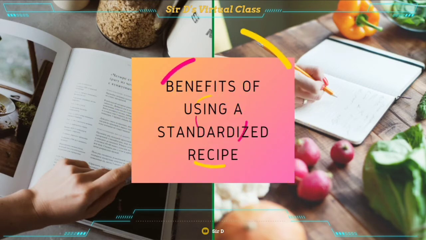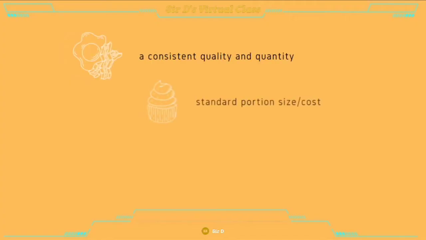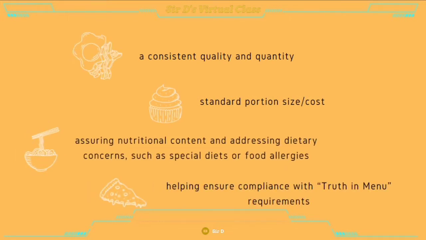Benefits of using a standardized recipe. A standard recipe should be consistent in quality and quantity. It should specify the amount of ingredient to be used and specify the type of ingredient that must be used in order to attain the desired dish.